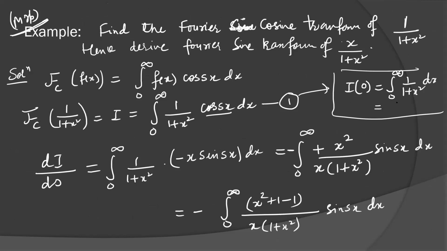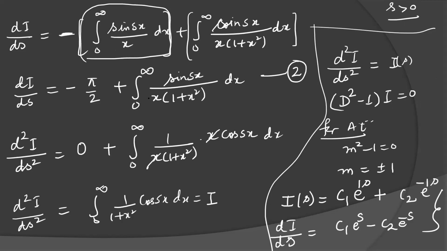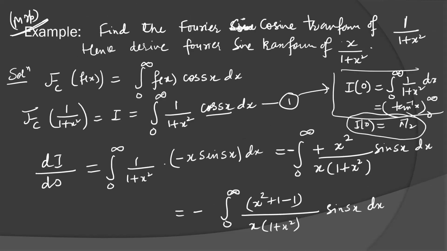And this is nothing else than tan inverse x from 0 to infinity, and it will give you pi by 2 because tan inverse infinity is pi by 2. So I at 0 equals pi by 2. Very good. Now see from the second equation. Now I'm going to rub this and we will solve here.